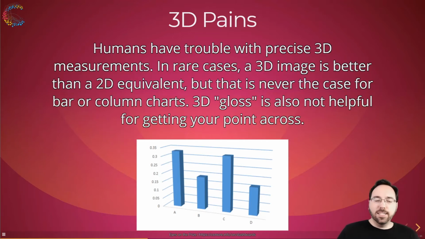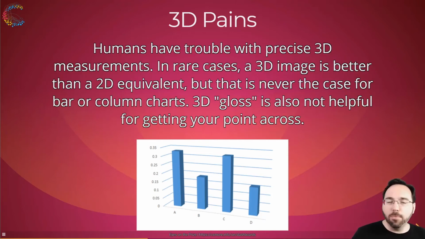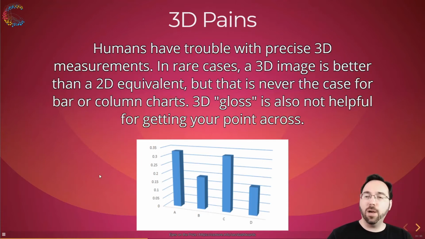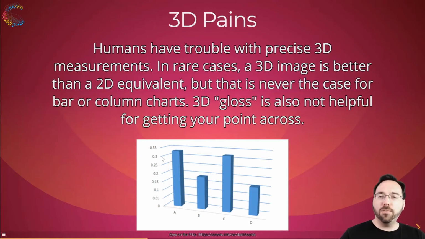But it is never the case for column charts that 3D actually helps. 3D only hurts. In this case, I may ask which is bigger, A or C, and it's actually really tough to tell. I may even ask, what is the value of A? People would look at this. I've done this in person quite a few times, and they'll give me anything from 0.3 to about 0.35.